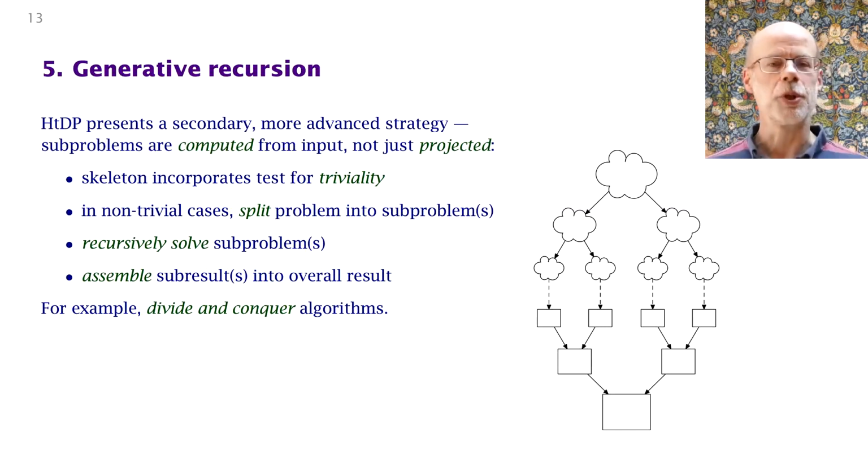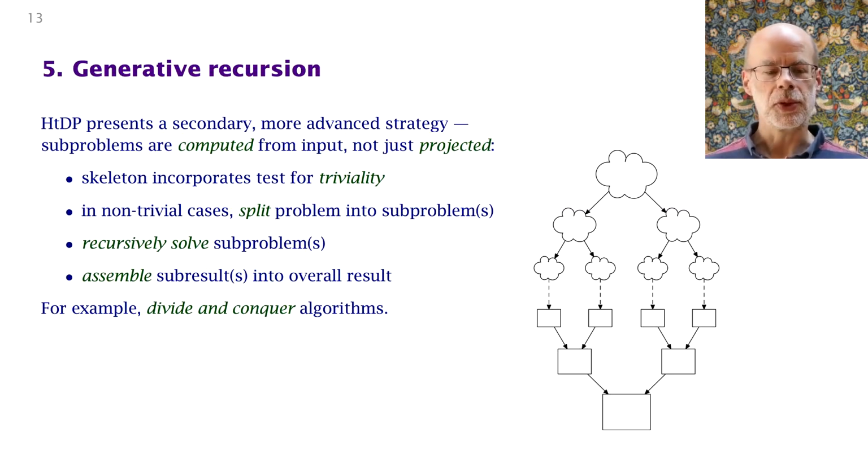They're not obtained by projection from the input data, but by some more involved computation. You have to do some work to come up with the subproblems. So the design recipe for generative recursion says you've got a problem, you have a test for triviality. If it's trivial, you solve it by some other more basic means. Otherwise, you split it into subproblems, recursively solve those subproblems, and then combine those subresults into the overall result.